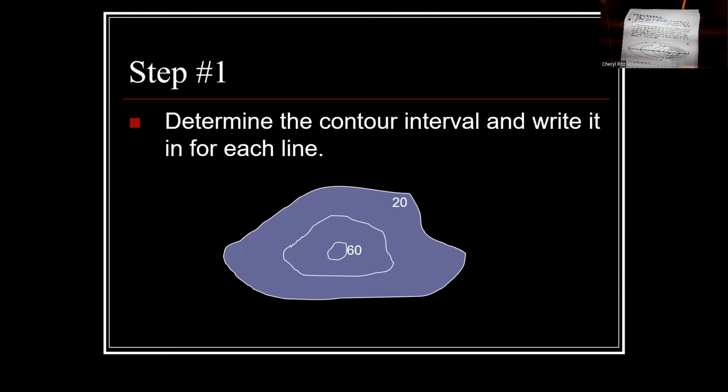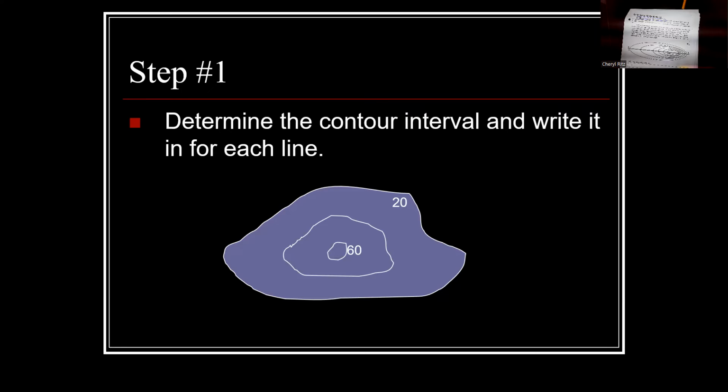You will determine the contour interval and write it in for each line. We're going to write these steps first, then I'm going to demonstrate them on the board, and then we're all going to do one together. So step 1 is to determine the contour interval and write it in for each line.